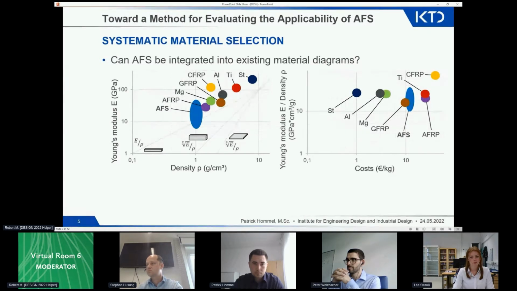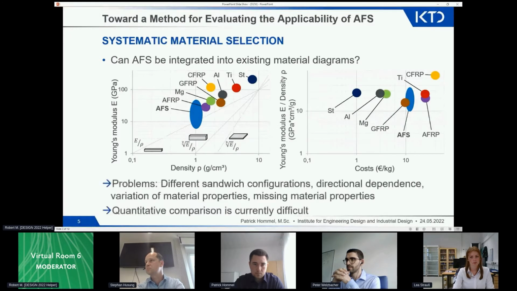This can be seen in the fact that the AFS markings are not a single point, but rather cover an elliptical area. This is due to different sandwich configurations, such as different layer thicknesses or densities. The main problem is that some characteristic parameters are not known or vary so much in investigations that no quantitative comparison with AFS would be possible with these existing methods.